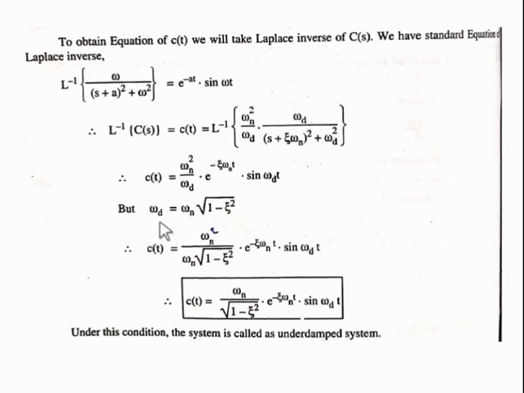So c(t) equals omega n square divided by omega d, with omega d equal to omega n under root 1 minus zeta square, times e raised to minus zeta omega n t into sine omega d t. Omega n cancels out, so it remains omega n divided by under root 1 minus zeta square, times e raised to minus zeta omega n t and sine omega d t. This is the time response of the second order system. Under this condition, the system is called an underdamped system.